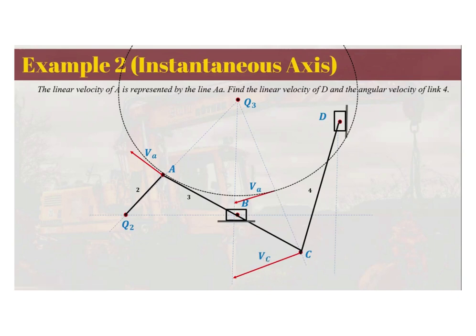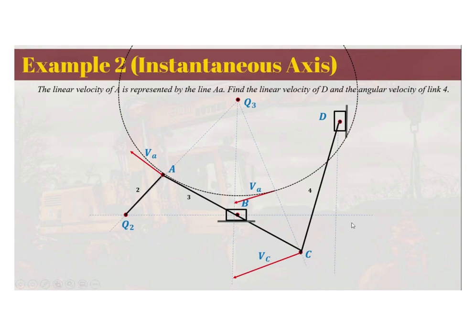So now the next velocity that we will look for is the velocity of D. Since D is connected to C, we are going to use the absolute velocity of C to find the velocity of D. But before that, using again your knowledge of instantaneous center, you're going to locate the instantaneous center of this line CD.